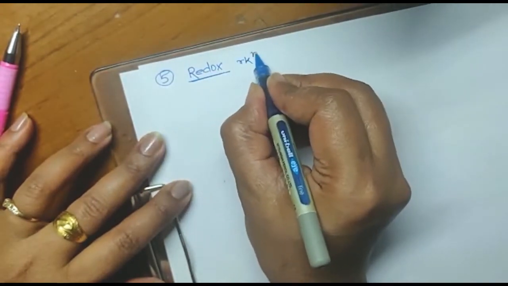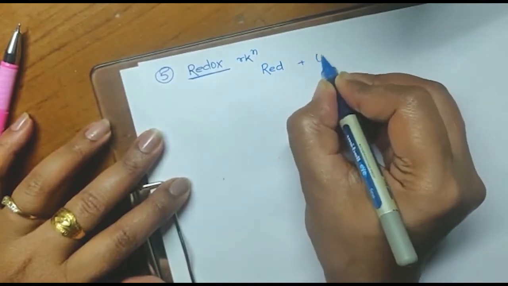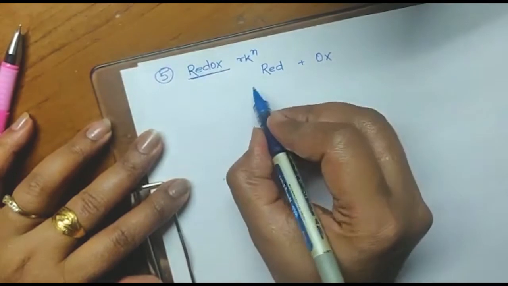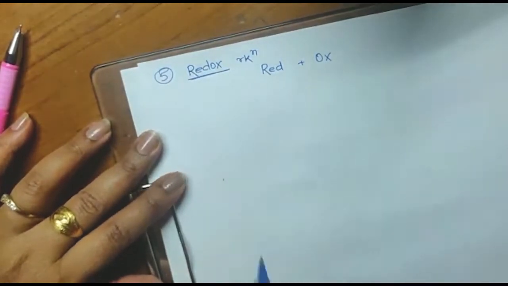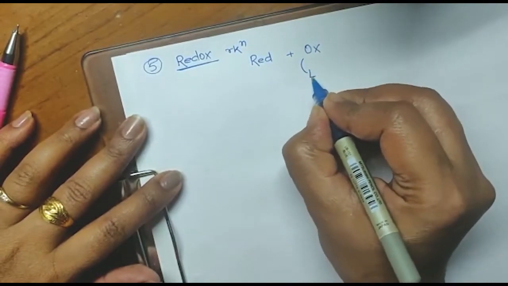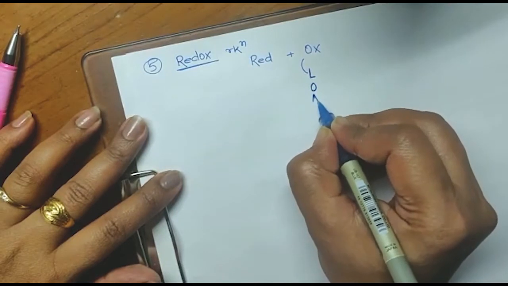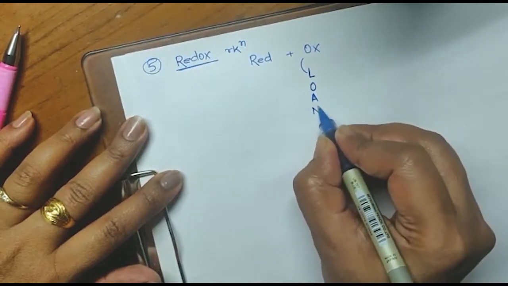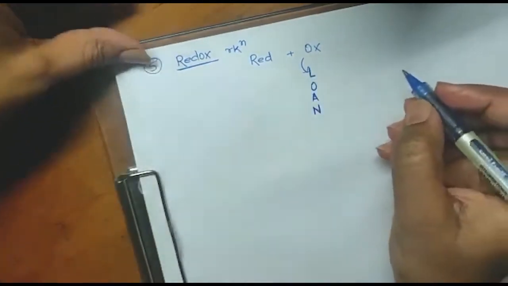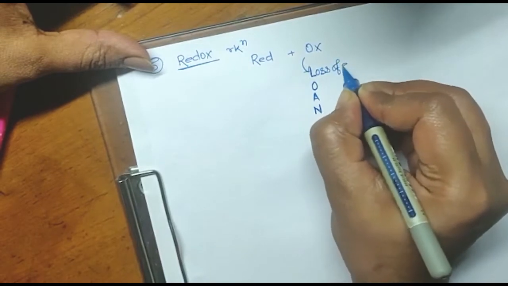Actually this redox is made up of red and ox. It doesn't mean red ox. Red for reduction and ox for oxidation. So oxidation can be defined as LONG. So LONG, what does it mean? L means loss of electron.